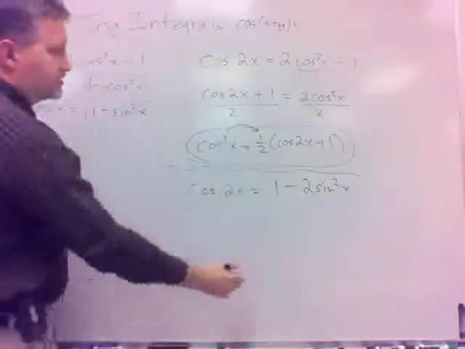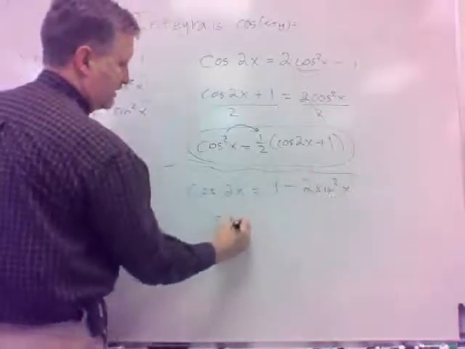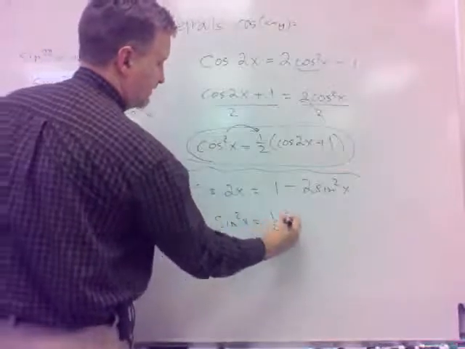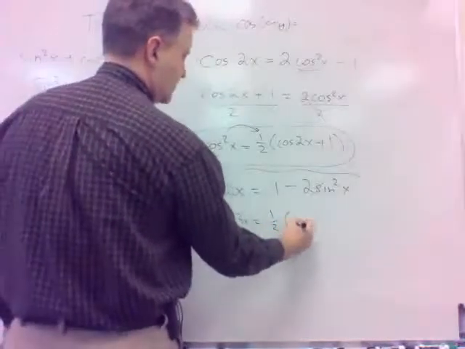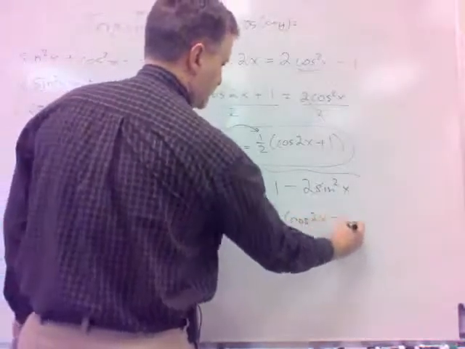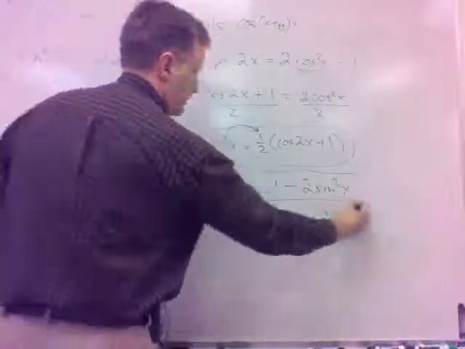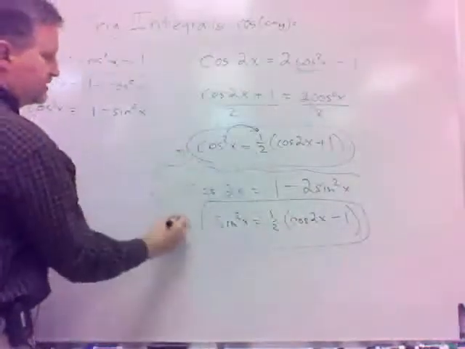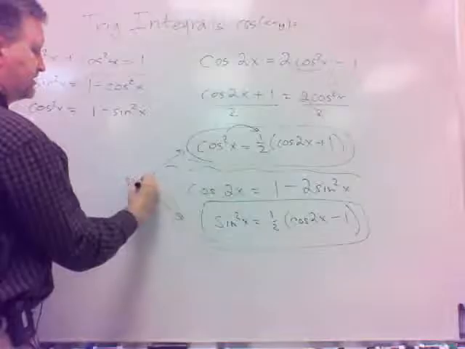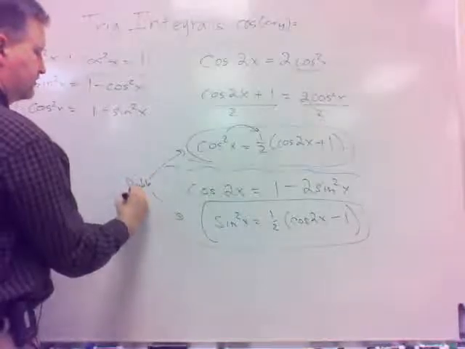And so long story short here, if you solve for sine squared there, you get 1/2 times the quantity 1 minus cosine of 2x. And so these will be the double angle identities I referred to.